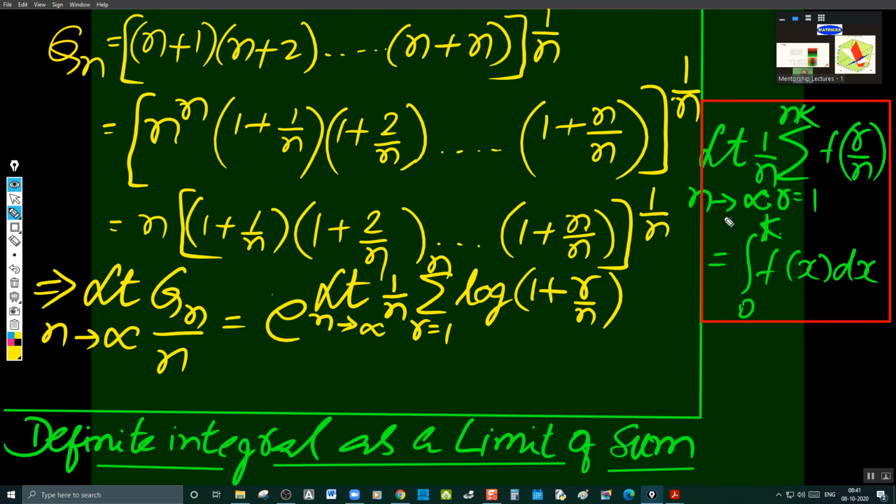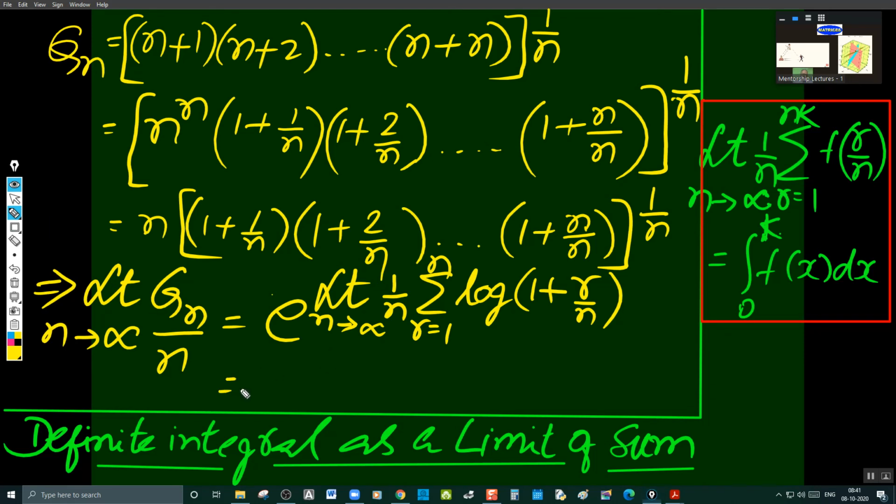Compare this with the shape. We say f of r by n for the summation. In place of n there is n, which means k becomes 1 in the limits. 1 by n is there, n tends to infinity. Everything has now converted to the form of the formula.